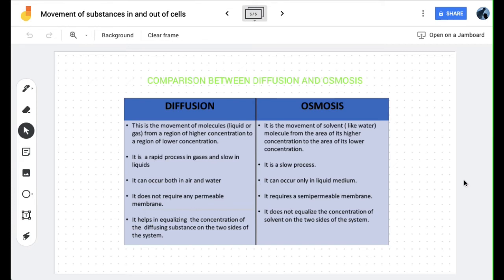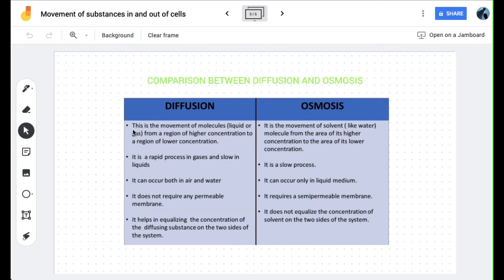For diffusion, it does not require any permeable membrane. Cell membrane is there, cell membrane is not there, as long as there are available spaces, then the molecules will diffuse. So let me go through from the top.